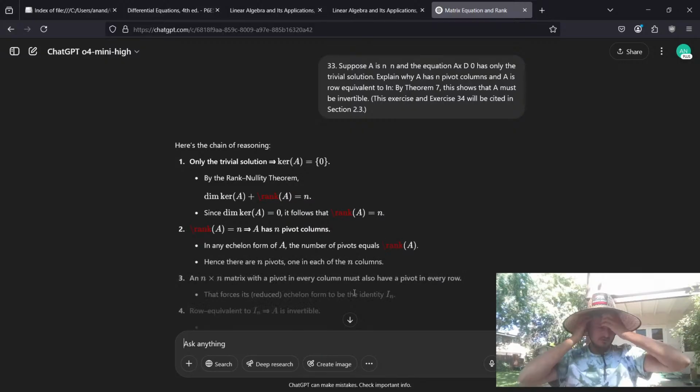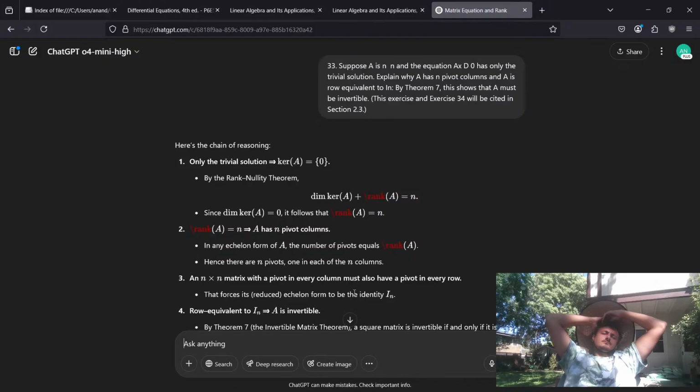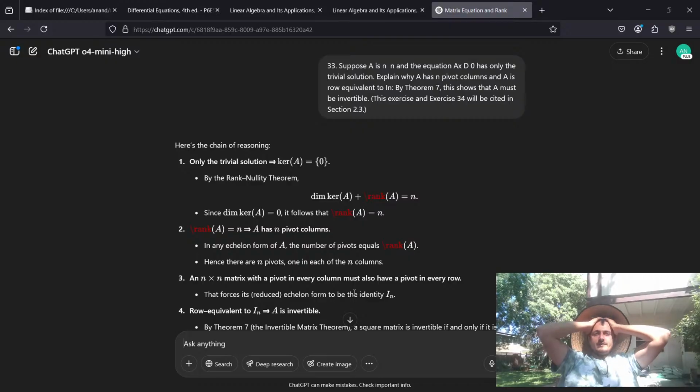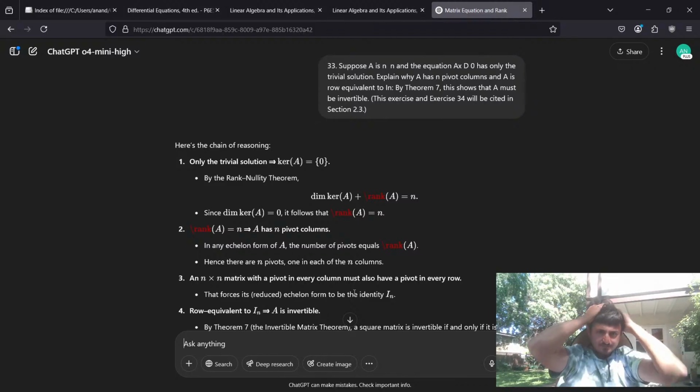So if you only have the trivial solution, because if you have another one that equals 0, then the columns are linearly dependent. If the columns are linearly dependent, then you're not going to have a pivot in that column. That's what I would say.